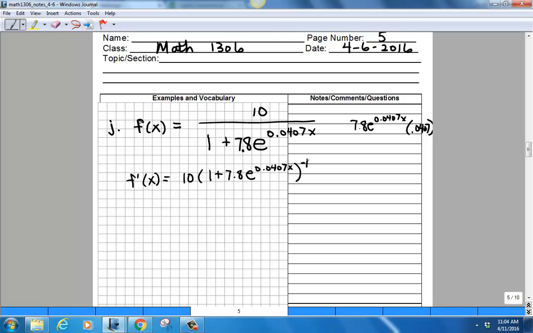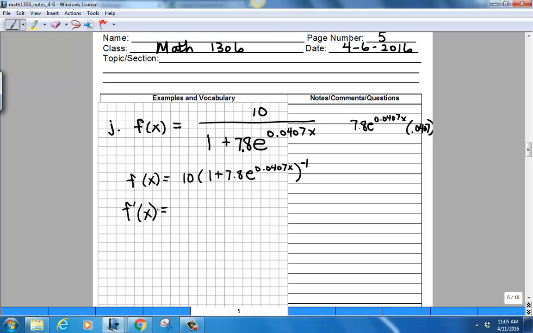These two expressions are exactly the same. I just rewrote this formula so that I wouldn't have a fraction. The trade-off is that now I have a negative exponent, but it's much easier to deal with the negative exponent than the fraction, in terms of finding the derivative. That's just the original function rewritten. And now let's find the rate of change.